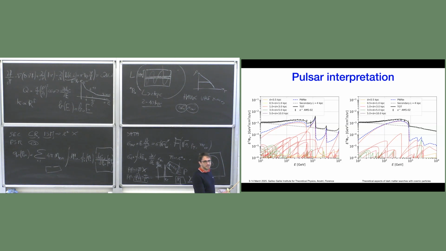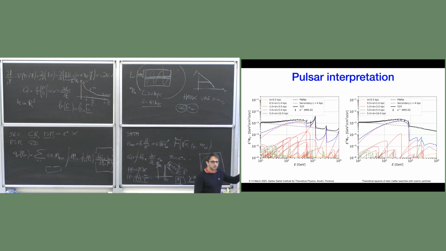Possibly. It's very difficult, because keep in mind that very high energy positrons lose energy very efficiently. So if you have a pulsar at 2 kiloparsec, it's very unlikely that it propagates and reaches the Earth with an energy beyond 1 TeV. So in this case, you have a local young pulsar that generates positrons up to these energies. And since it is young, you have these spikes.